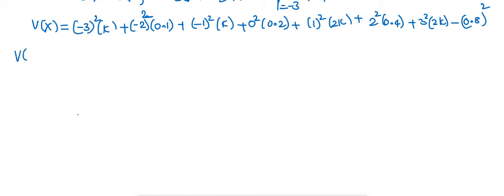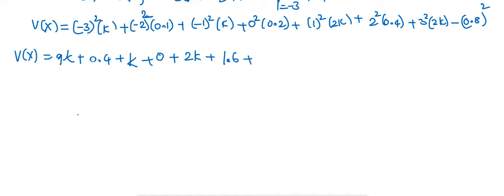Then the variance of x is equal to minus 3 into minus 3, 3 threes are 9k, plus 2 twos are 4, 4 into 0.1 is 0.4, plus minus 1 whole square is 1 into k is k, plus 0 into something is 0, plus 1 square is 1 into 2k is 2k, plus 2 twos are 4, 4 into 0.4, 4 fours are 16, that is 1.6, plus 3 threes are 9, 9 twos are 18k, minus 0.8 square, 8 eights are 64.